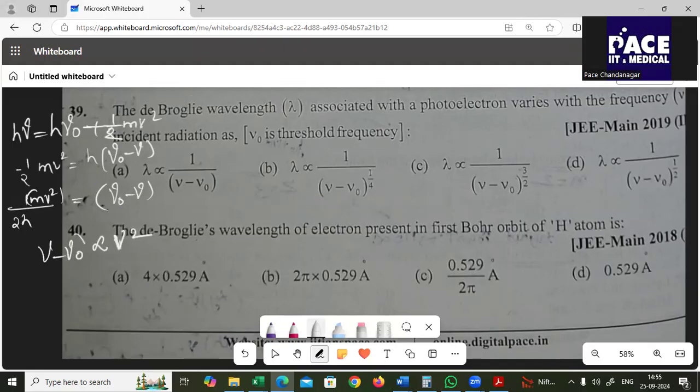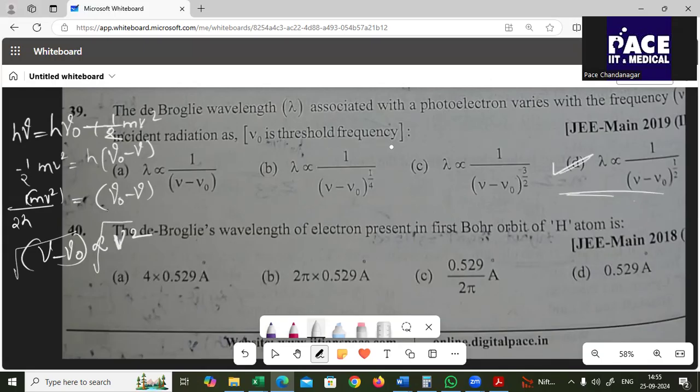So the square root of this is directly proportional to v. Therefore 1 by lambda is proportional to the square root of nu minus nu naught, which is your option D. You have to take the square root, so it is option D.